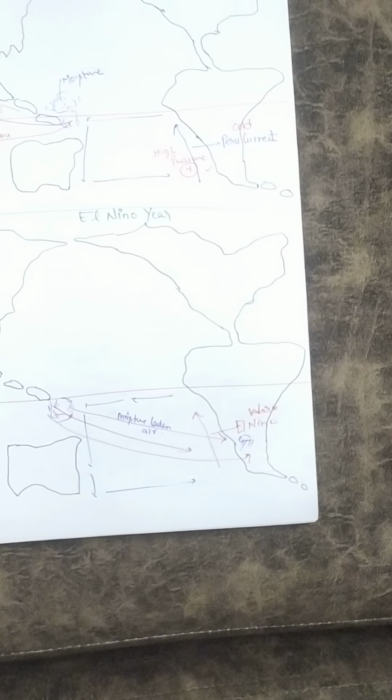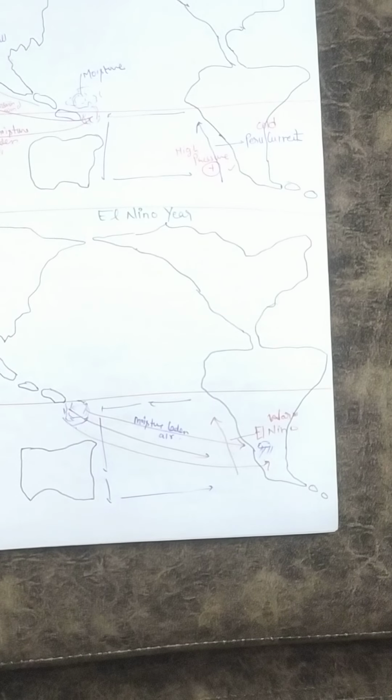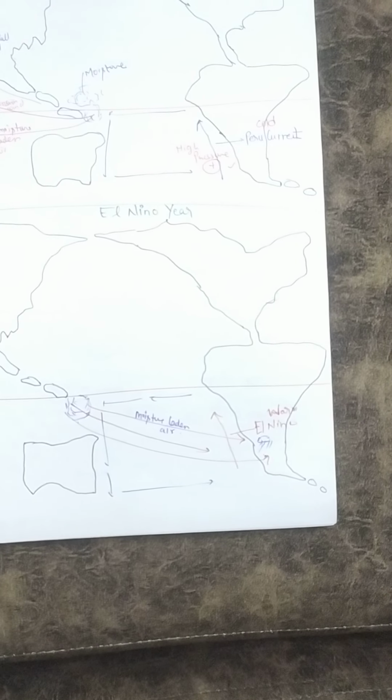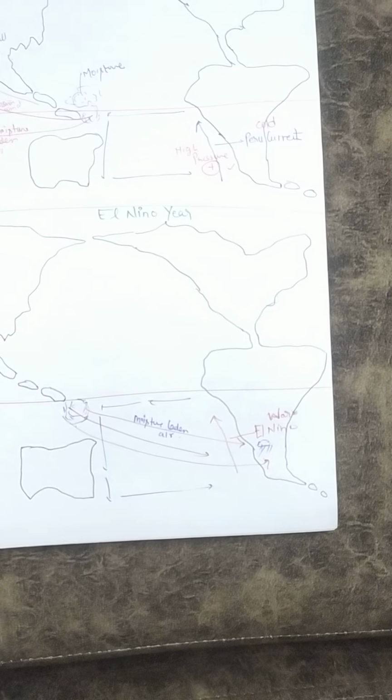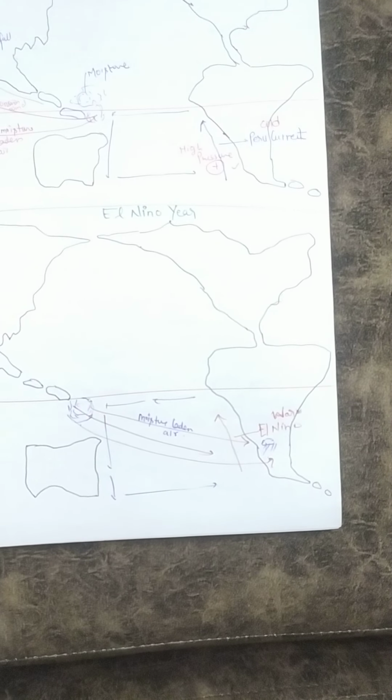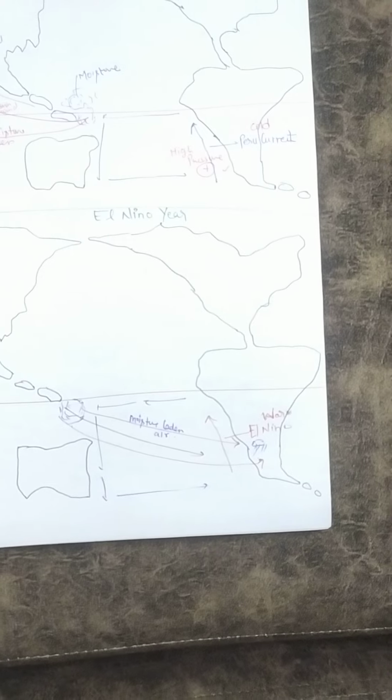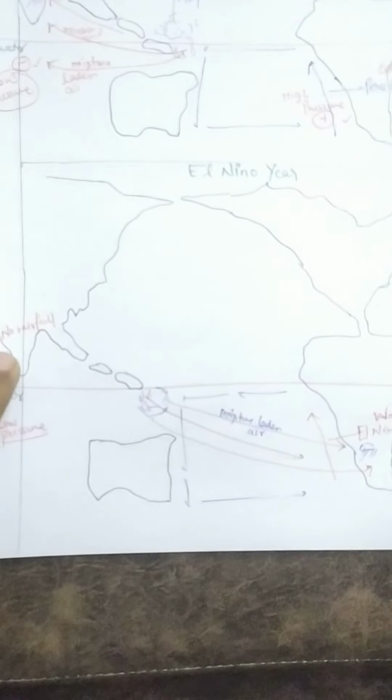And when very heavy rainfall occurs in Peru, then drought occurs in India, because the monsoon gets deflected towards El Nino and does not reach India, and no rainfall occurs in India.